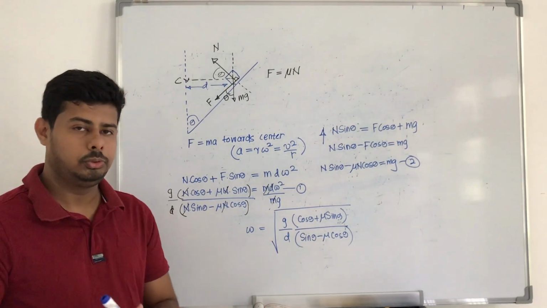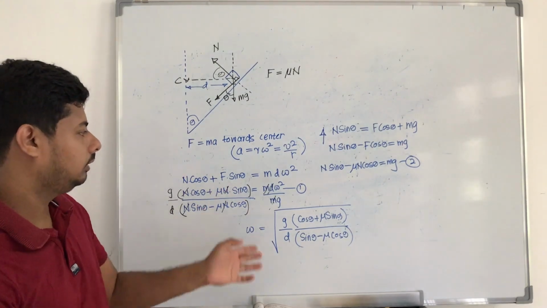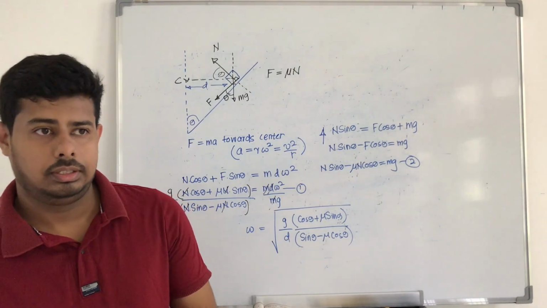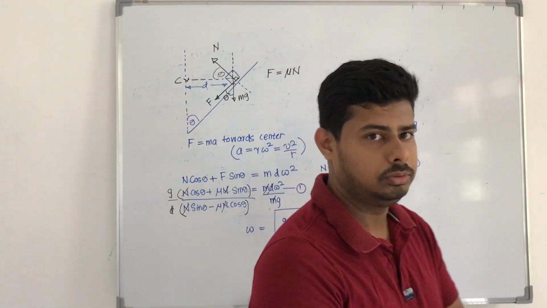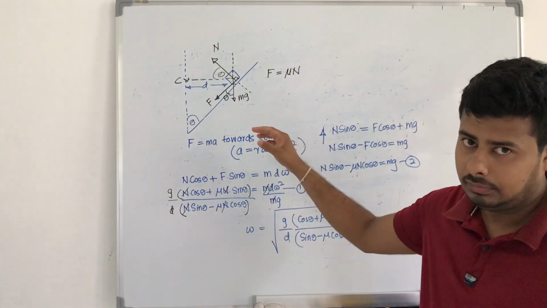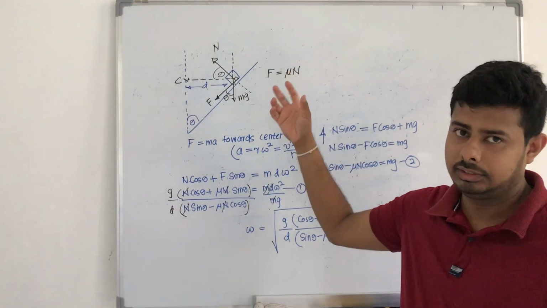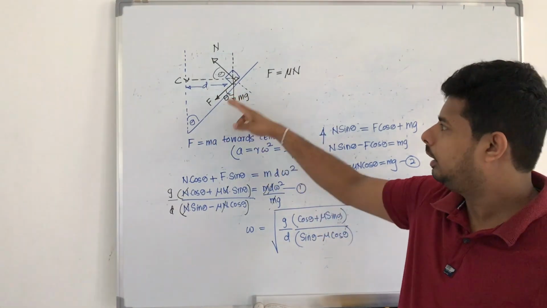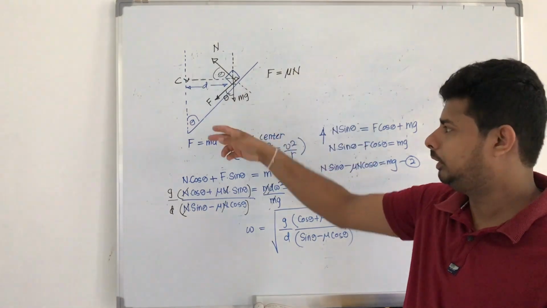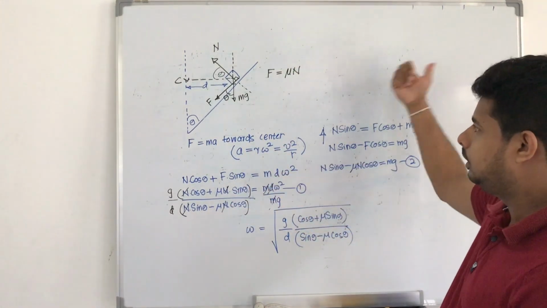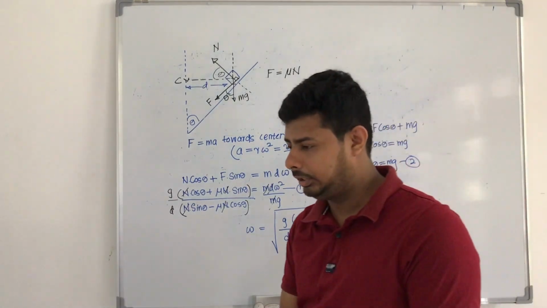You can try the other way around. You can try the question for the minimum velocity also, because in the upcoming years they can give this one too, to check whether you understand the concept. With the maximum velocity, the object is tending to move upwards, so the friction is downwards. With the minimum velocity, the object will tend to move downwards, therefore the friction will be in the upward direction.